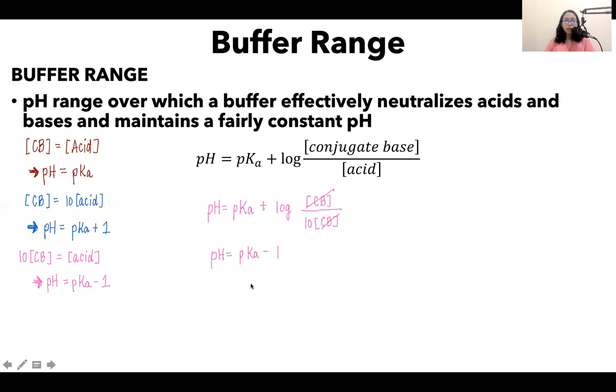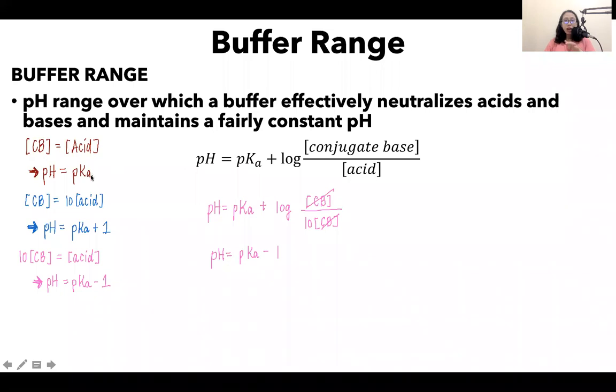Now we saw in our diagram that a buffer is very effective if it has equal concentrations of the two components. So this is actually the ideal case, that you have an equal amount of your conjugate base and your acid, meaning a very effective buffer has a pH equal to the pKa of the weak acid component.